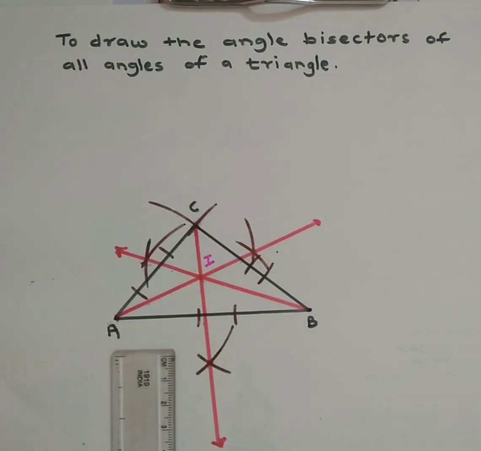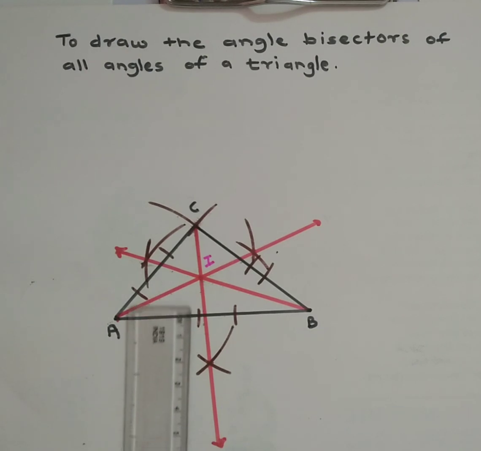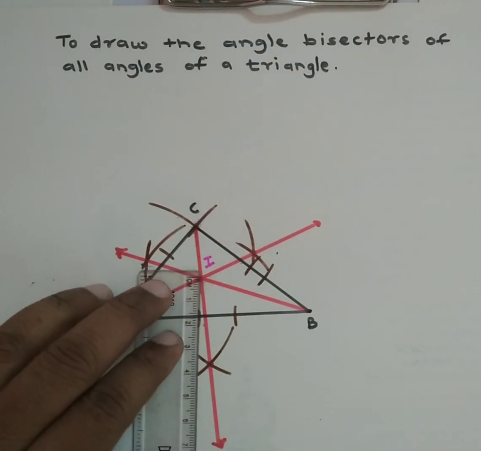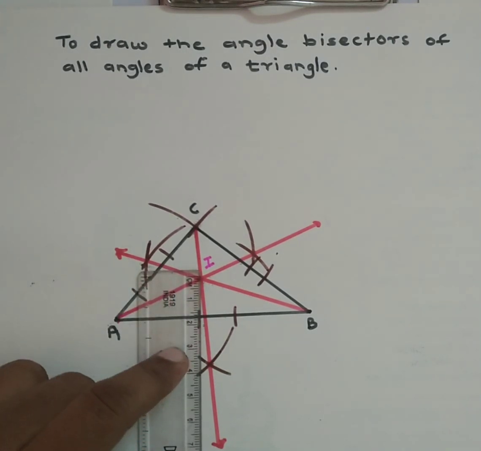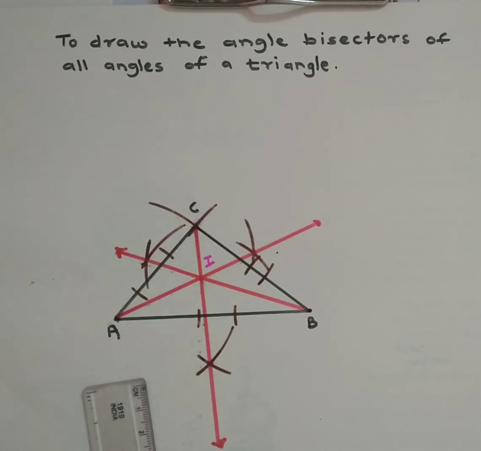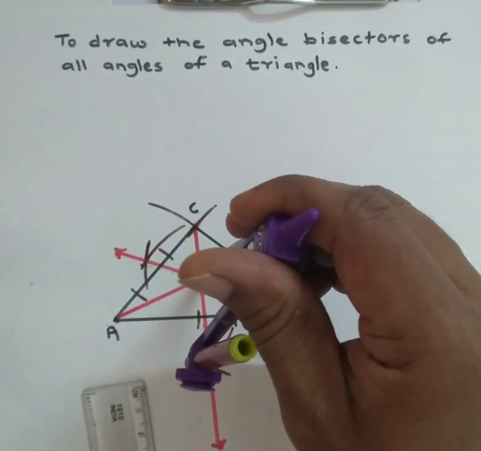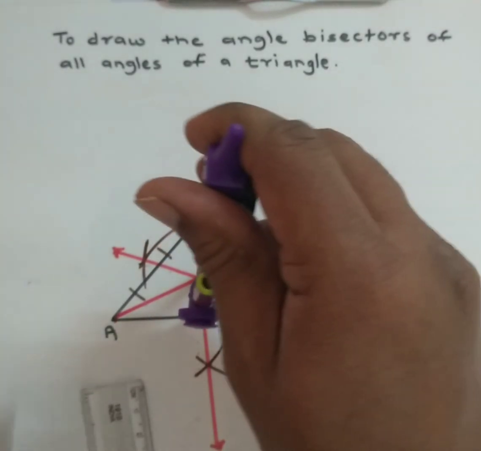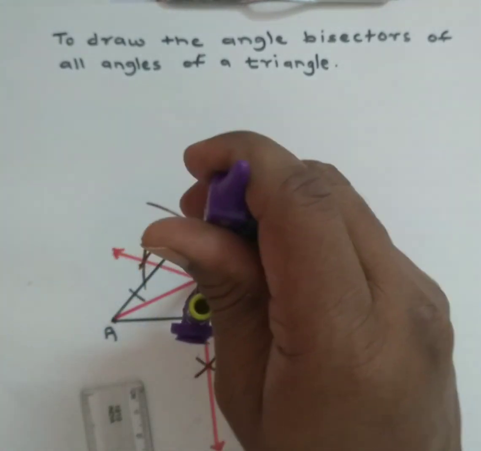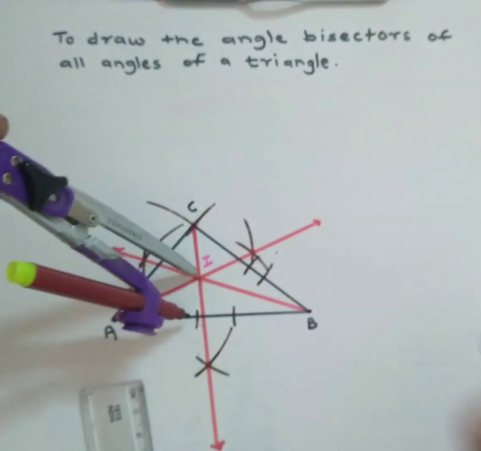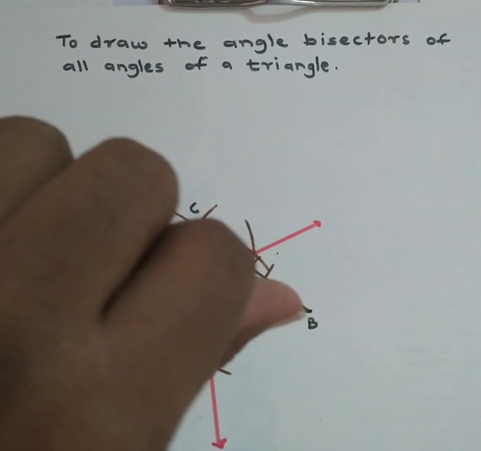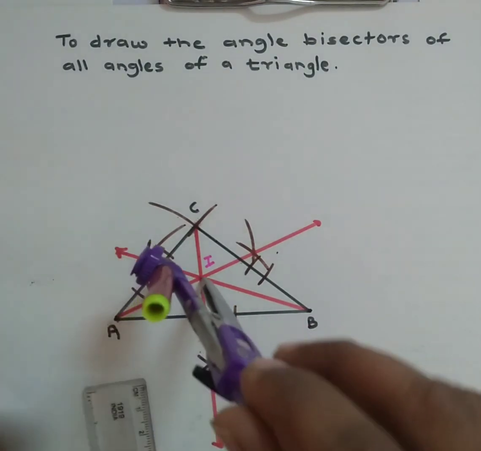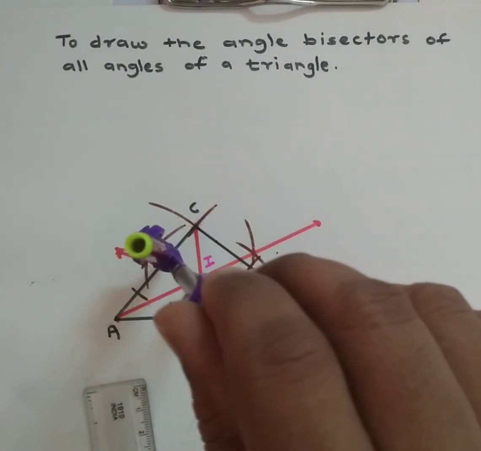Now if we draw the perpendicular from this point, or if we measure the distance of this point from the sides of the triangle, then the distance should be the same. If we place the pointer at point I and measure this distance, you can see that this distance is the same from the sides of the triangle, and therefore this is known as the incenter of the triangle.